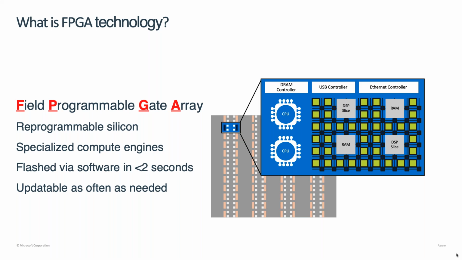And you could configure the routing among all of these different compute engines. So the nice thing about an FPGA is that I could install this FPGA in the cloud or on the edge device, and I can update that over software. So I can run the model directly on the chip, which makes it super fast, and I can reconfigure it if I have an improved way of doing things.